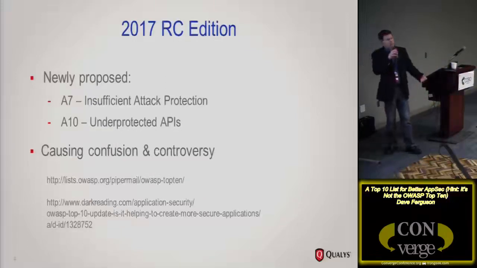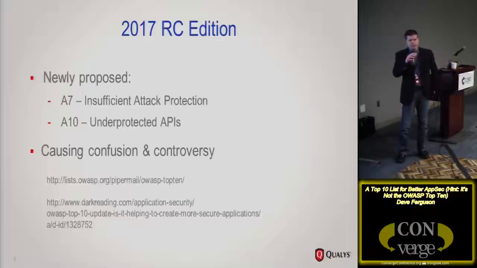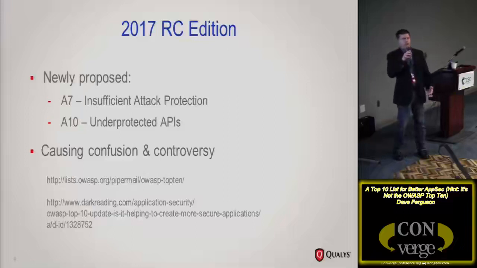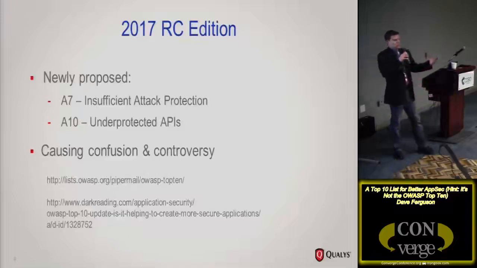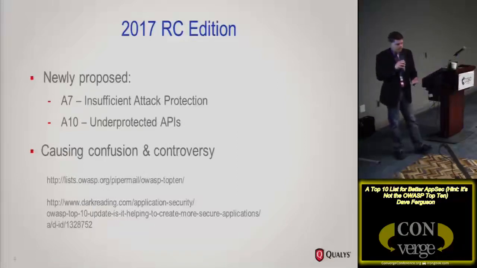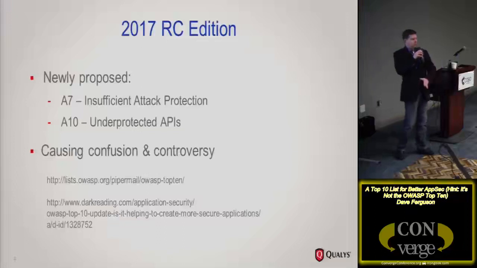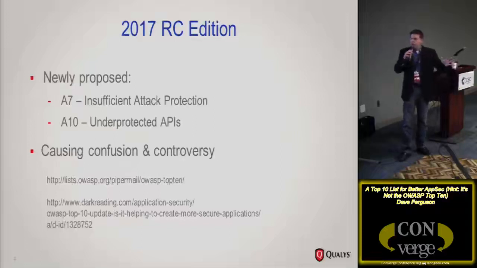Insufficient attack protection is completely different than any other type of OWASP Top 10 issue in the past, in that this is not really a vulnerability or a risk. It's really like a way of protecting applications that may have vulnerabilities. So it's not about fixing vulnerabilities or knowing that you have them. It's just about protecting applications. So it's kind of a paradigm shift in a way, and there is a lot of controversy.